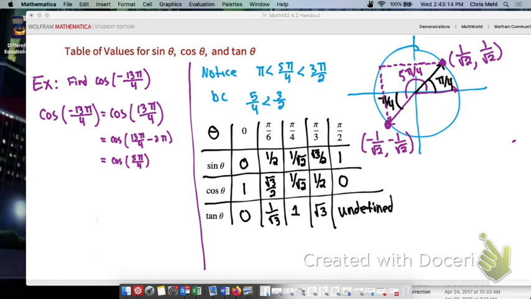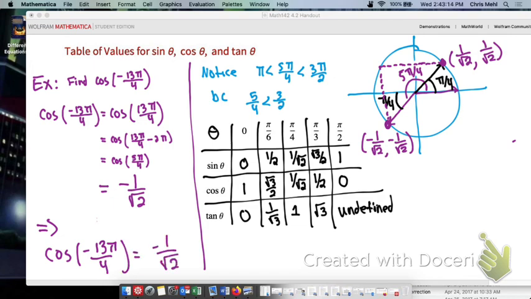Coming back over to the left, now I know that cosine of 5 pi over 4 is minus 1 over root 2. So that gives me the original answer: cosine of minus 13 pi over 4 is negative 1 over root 2. It's a little tricky to get used to this at first. I used quite a few identities here.